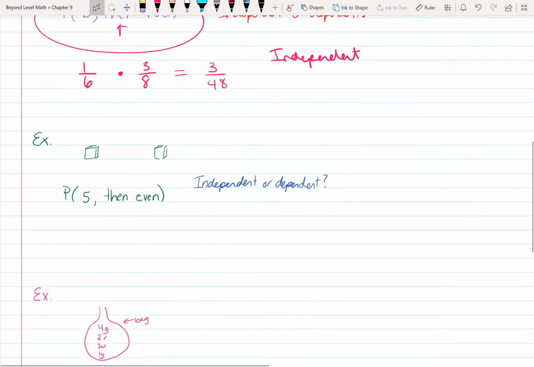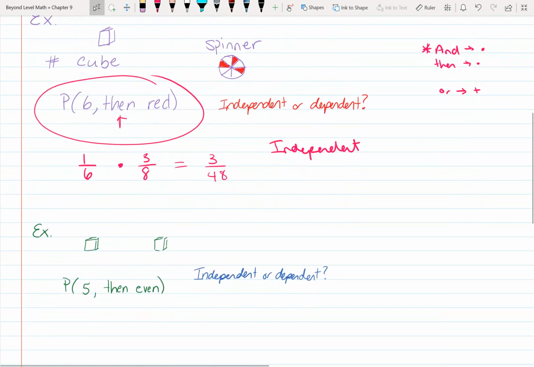Alrighty, example 2. Probability of rolling a 5, then even. So probability of rolling a 5 on a number cube is 1/6. When we see the word then, we think multiplication. Even. So even numbers on a number cube, 2, 4, 6. So that's 3 options out of 6.